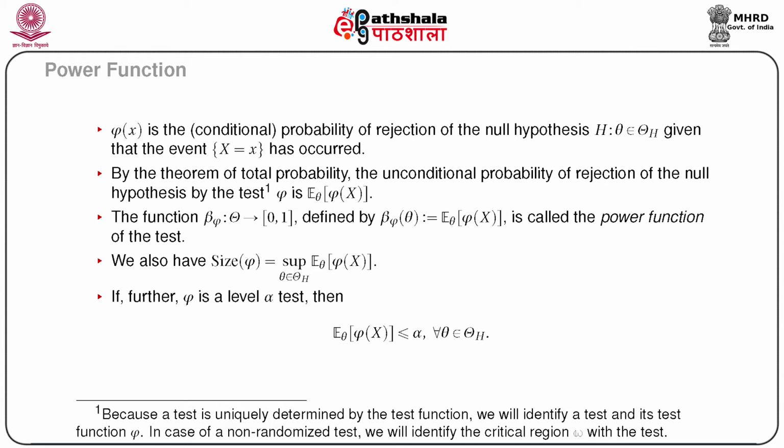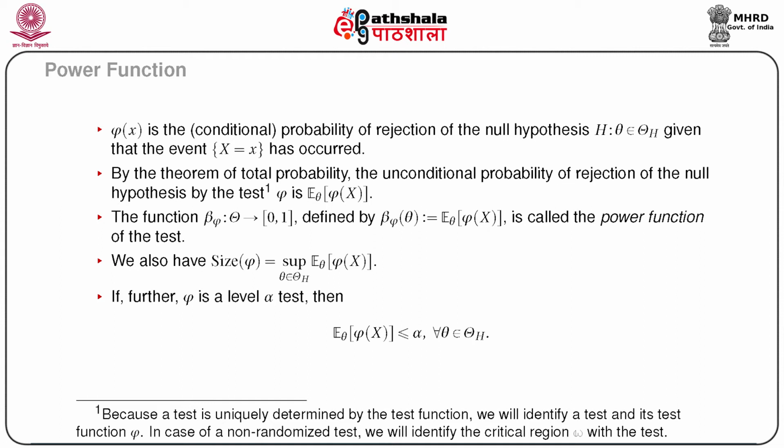It is clear that when H is simple, that is script Theta_H equals theta naught, then there is no need of taking the supremum, and the size of the test is equal to the expectation under theta naught of phi(X).